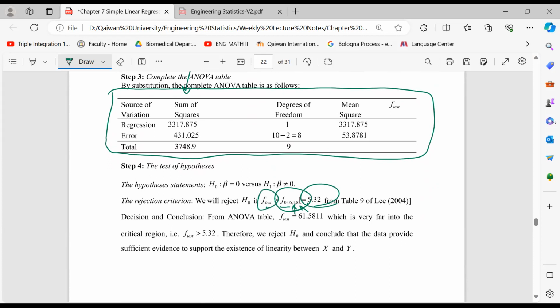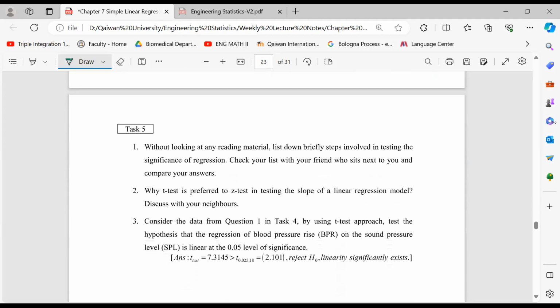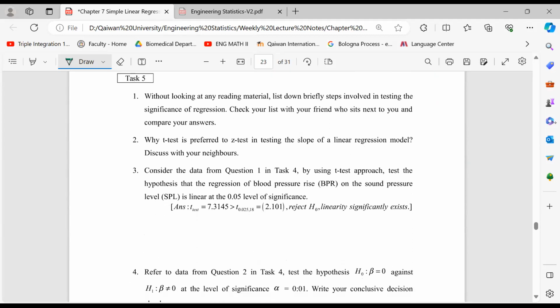What's the F test? This one is 61.5811. Is this greater than 5.32? Yes, that means we reject H naught. If it is greater, we reject H naught. If not, we have failed to reject H naught. Here we have a task here.